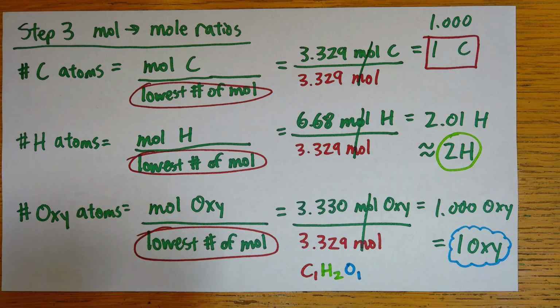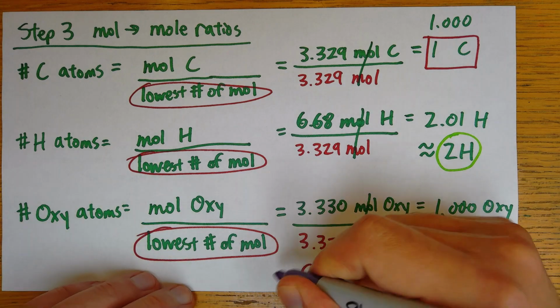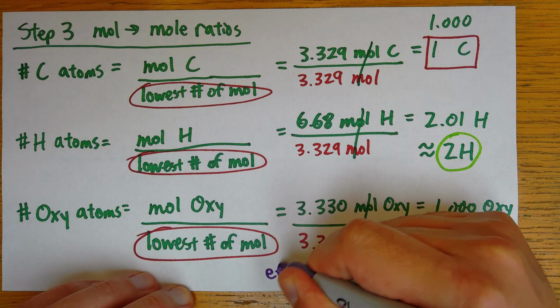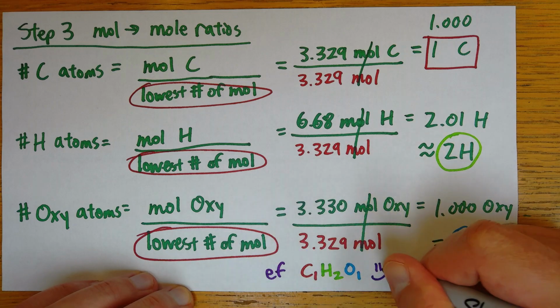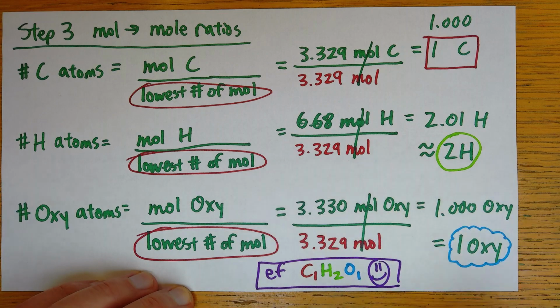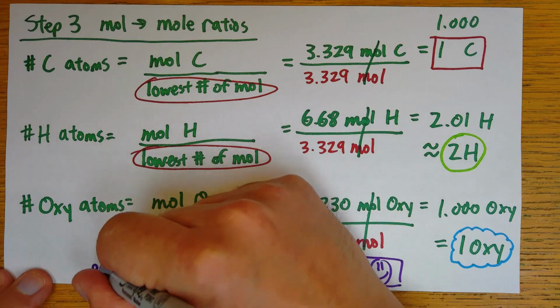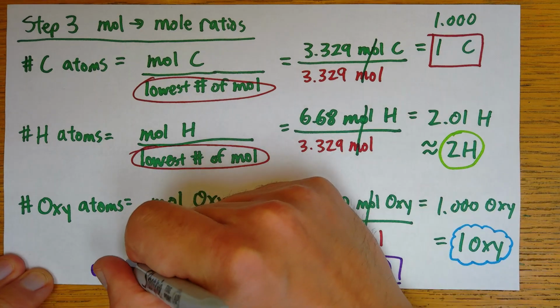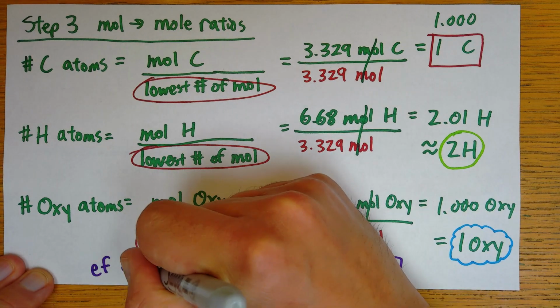That is our empirical formula. C1H2O1. Of course, in chemistry, we don't write the ones for subscripts, so the actual way to write this would be CH2O.